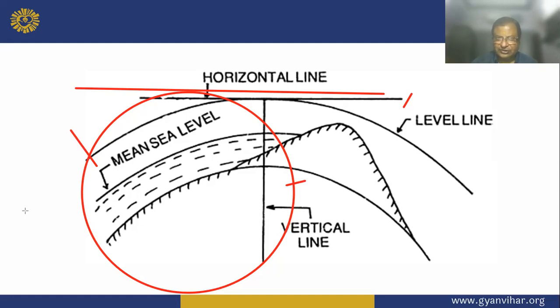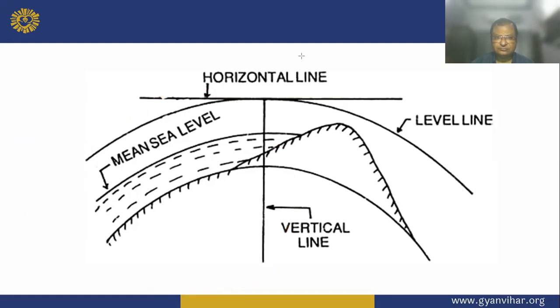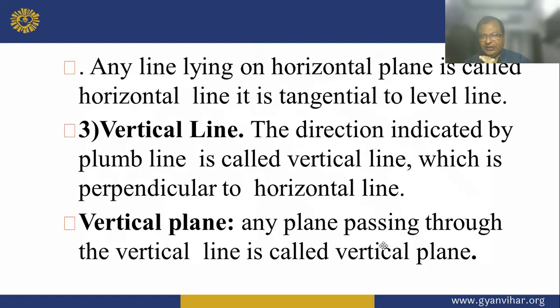So this is the vertical line. Any line lying on a horizontal plane is called a horizontal line.